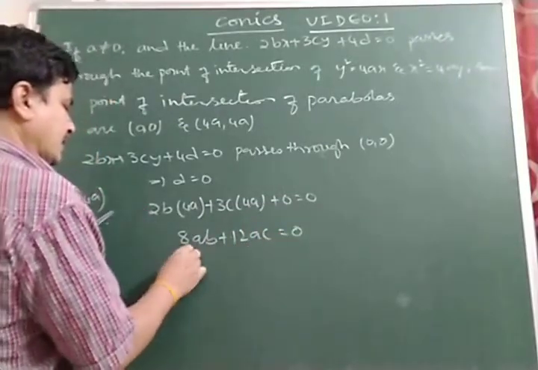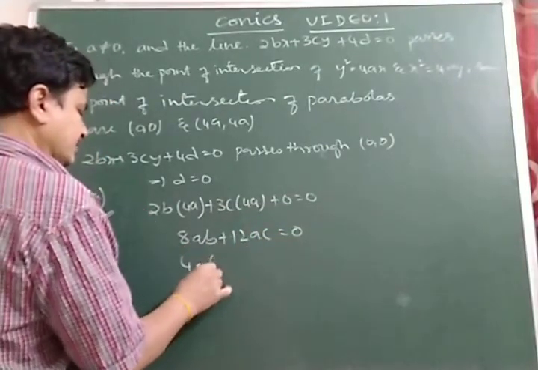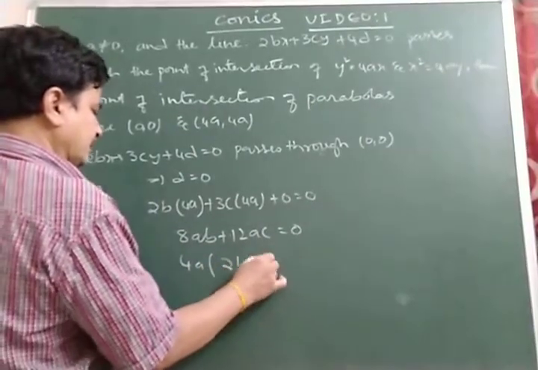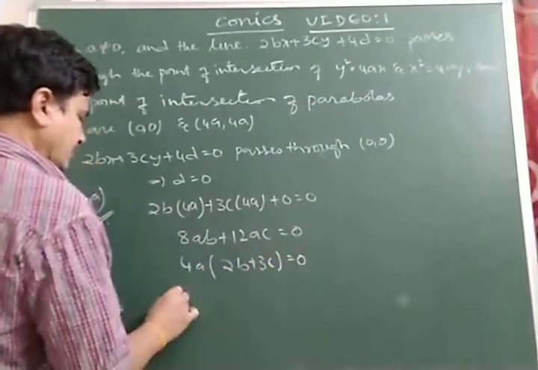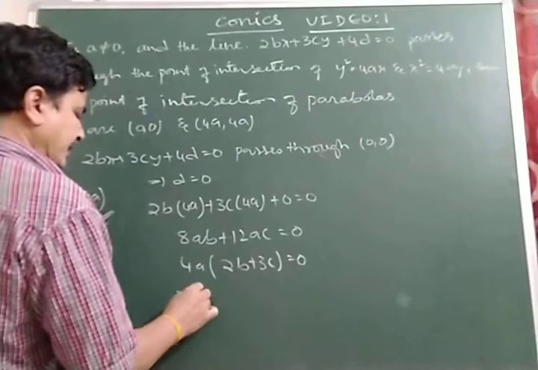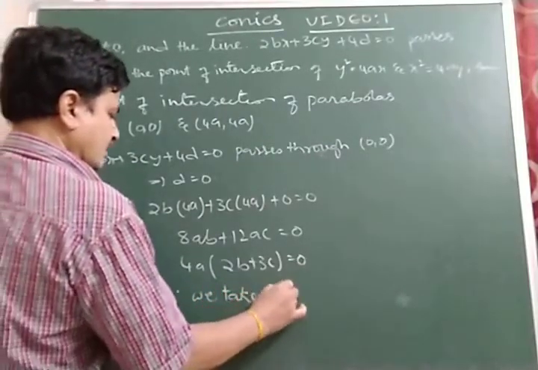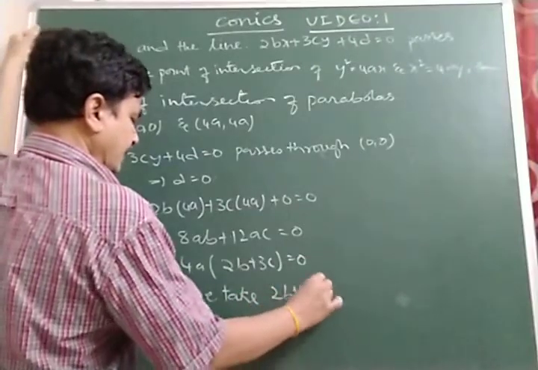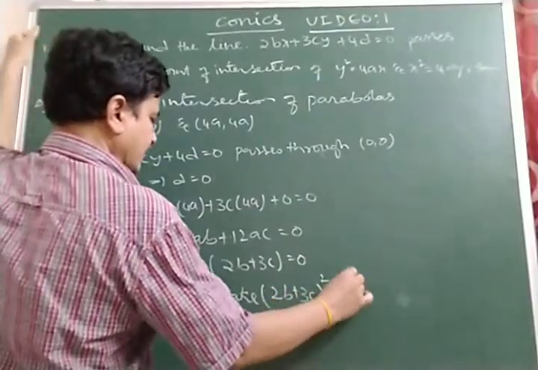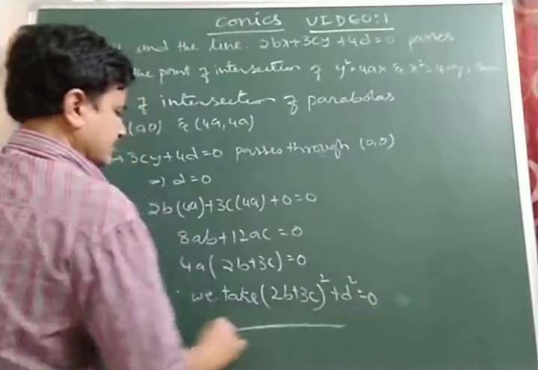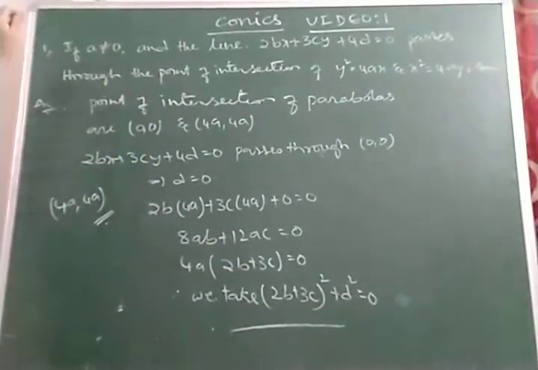Here we take 4a common, that is 2b + 3c = 0. Therefore, we take (2b + 3c)² + b² = 0. That is the required condition.